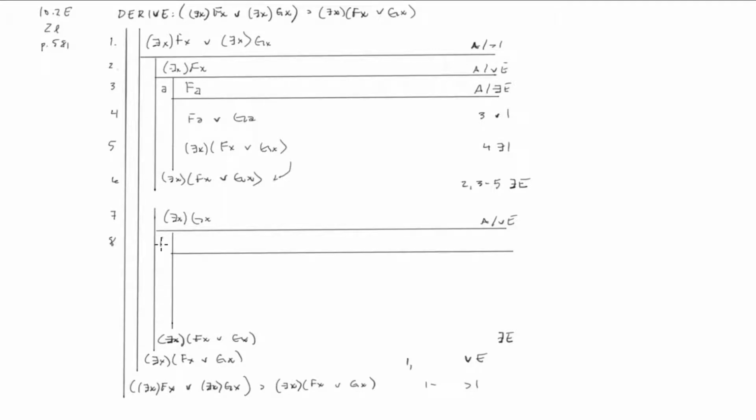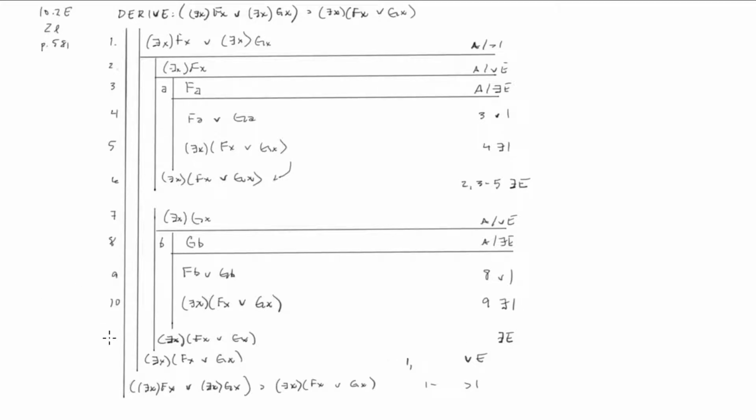It's going to introduce a name entirely new to the proof, B. So we get GB on line 8 as an assumption for existential elimination. And we're going to do the same 2 moves in there. On 9 and 10, we're going to do FB wedge GB from 8 wedge introduction. And then there's an X, FX wedge GX on line 9 existential introduction.